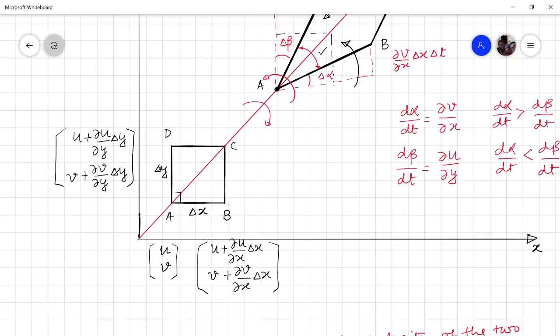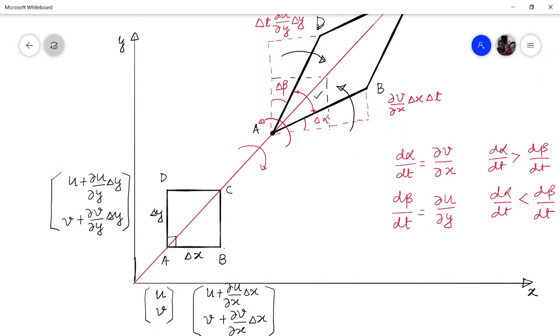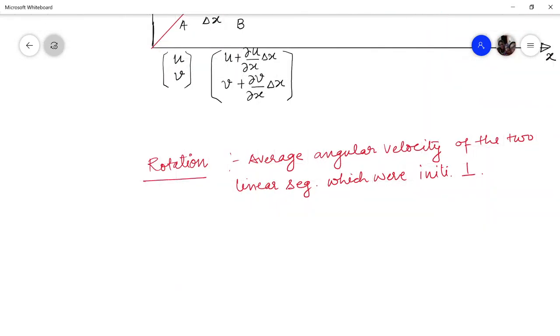As this is the xy plane, the rotation will be in a direction perpendicular to the xy plane, that is in the z direction. Therefore, in the xy plane, rotation is defined as omega z, and this is the average of these angular velocities, that is, d alpha by dt plus d beta by dt.